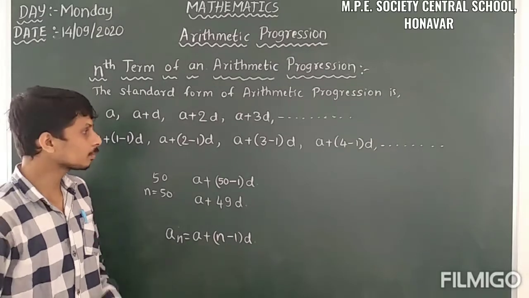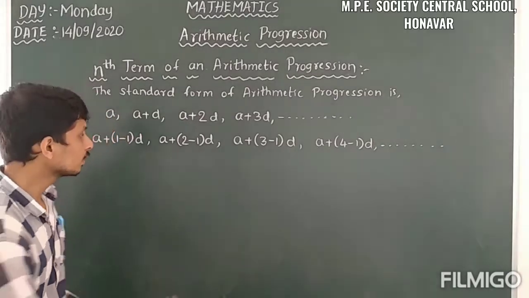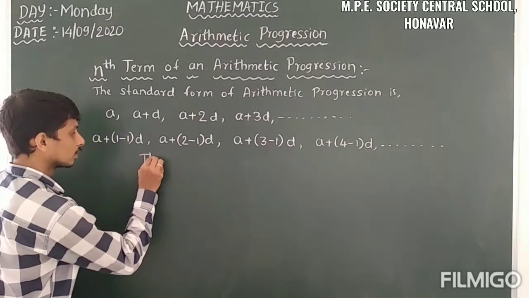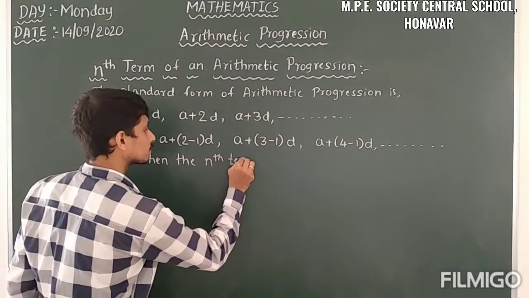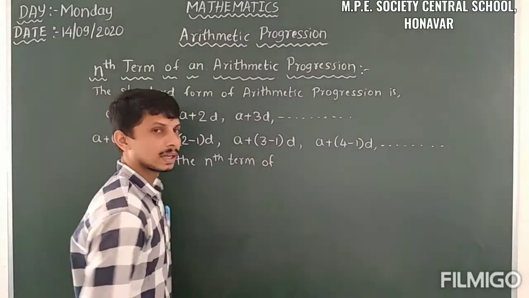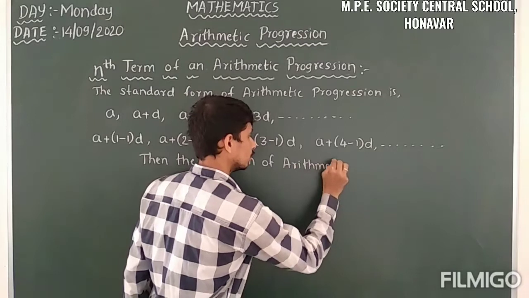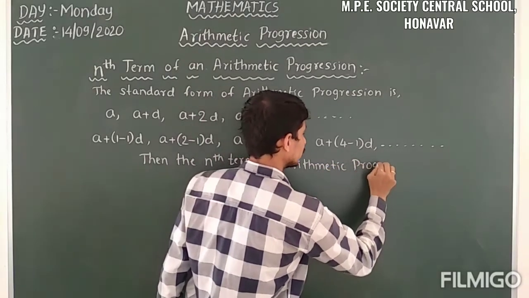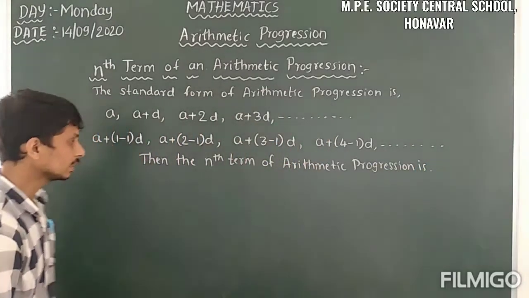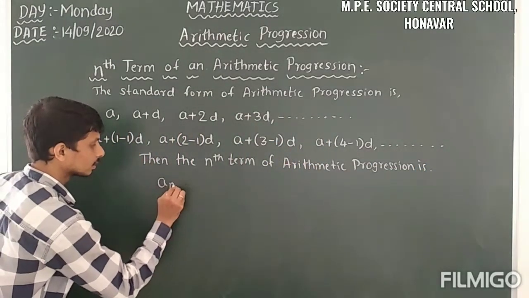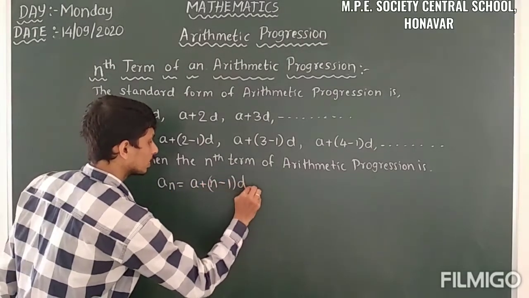So what is the nth term of an AP? We have to find the nth term of an arithmetic progression. The nth term of an arithmetic progression is an equal to a plus n minus 1 into d.